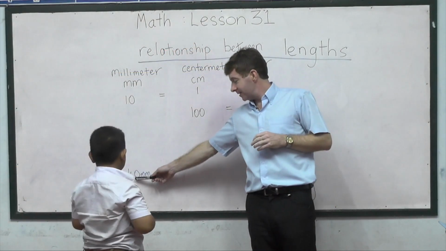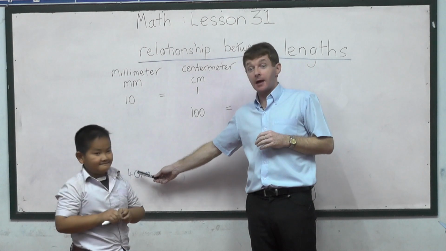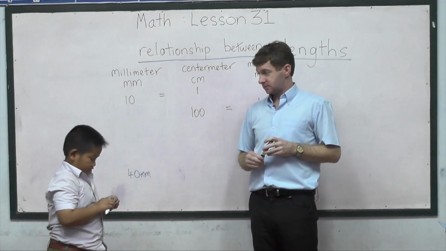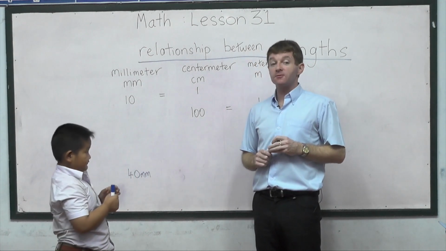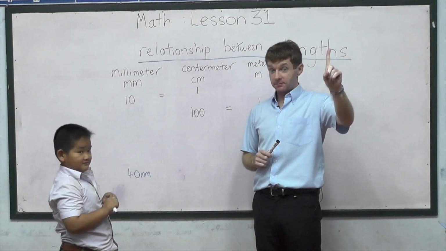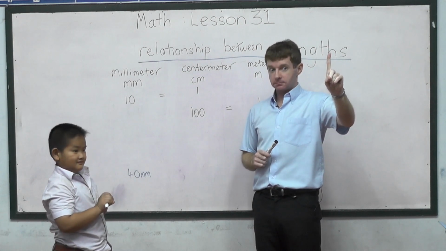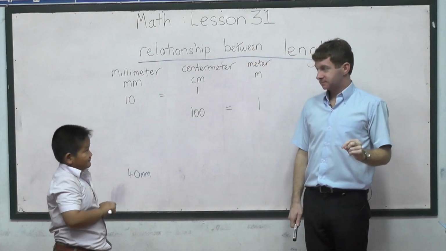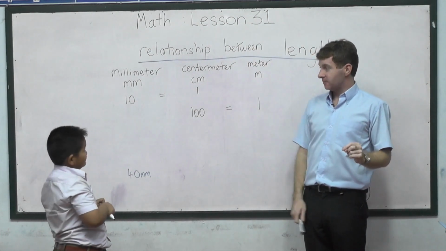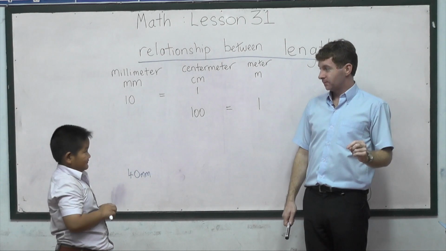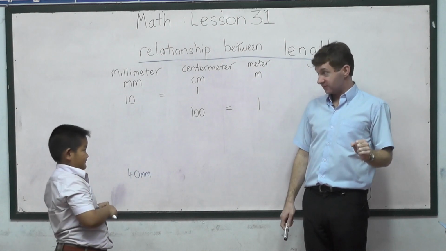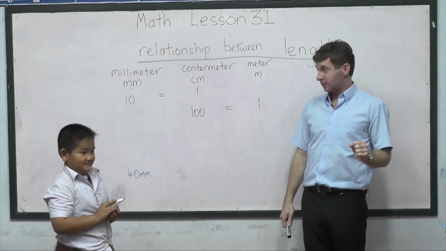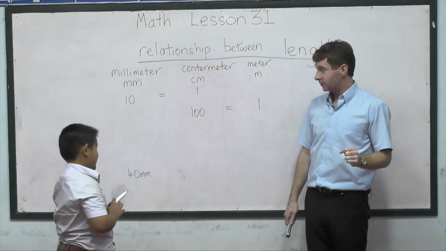Ned, so, can we say 40 millimeters? How many millimeters make 1 centimeter? 10. So we've got 40 millimeters. How many centimeters? 4 centimeters. Can you write?